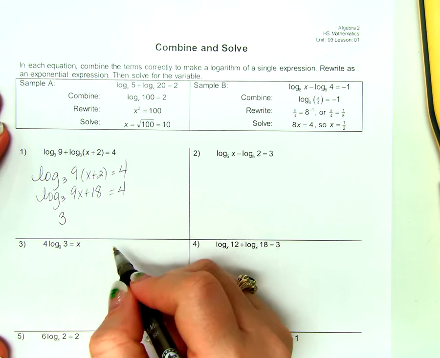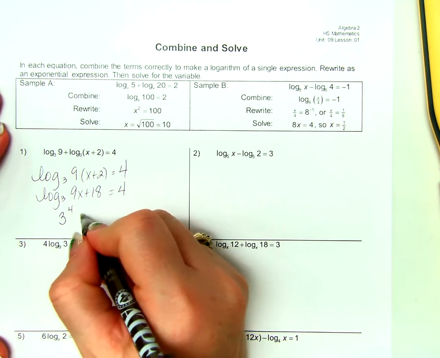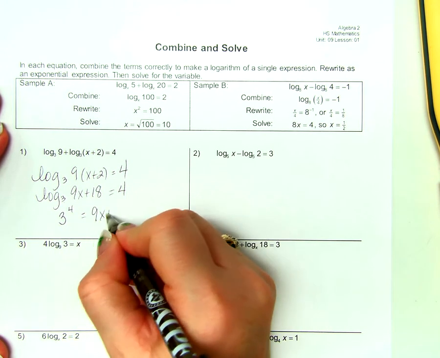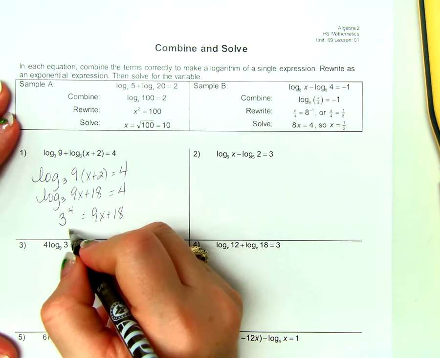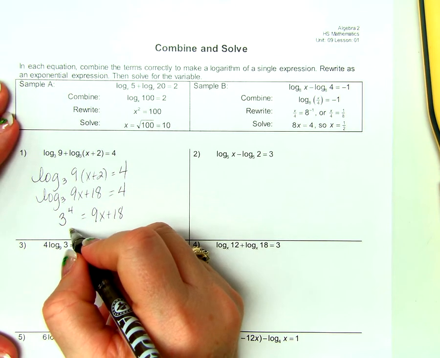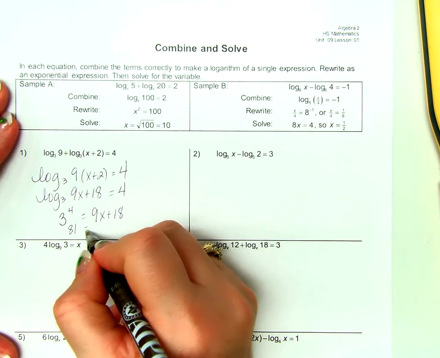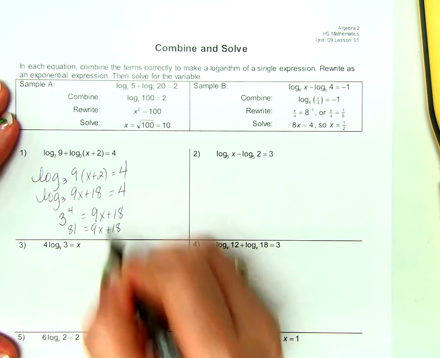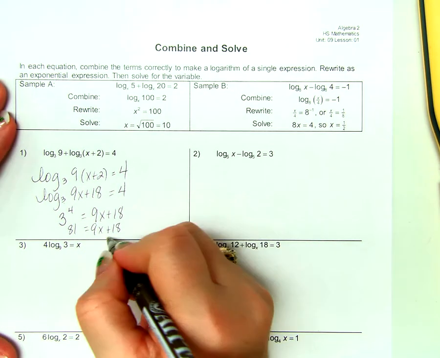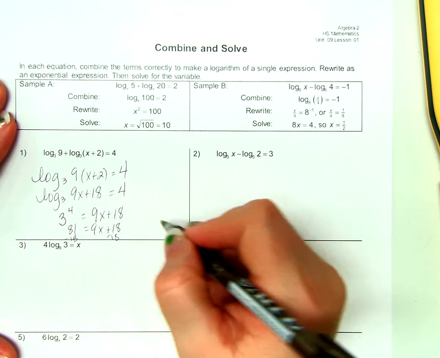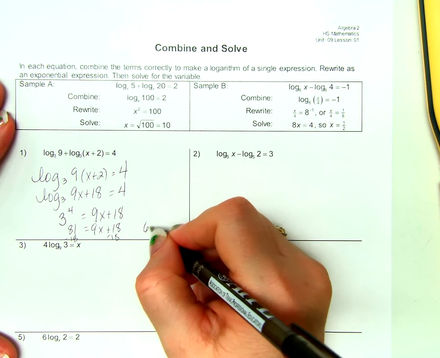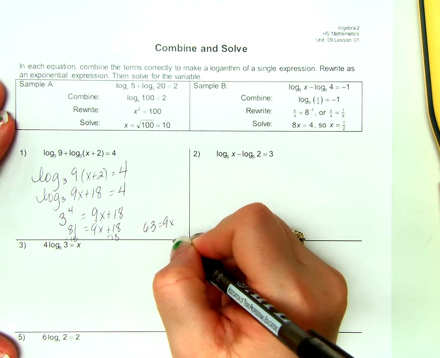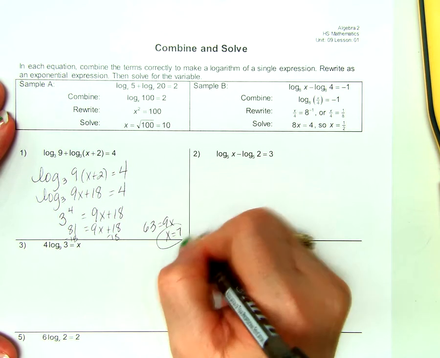3 to the 4th equals, oh my gosh, can I solve that? Yeah, what's 3 to the 4th? 81 equals 9x plus 18. Subtract 18 from both sides. 63 equals 9x. X equals 7.